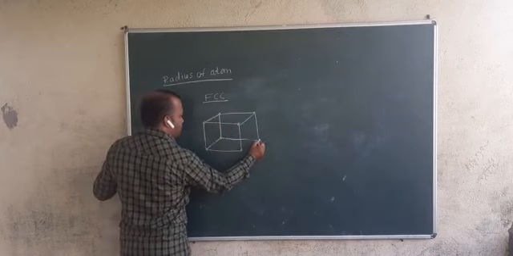Do you know what the volume of a sphere is? Yes, it is 4 by 3 pi r cube. So how many spheres are there? 1. So here it will be 4 by 3 pi r cube.